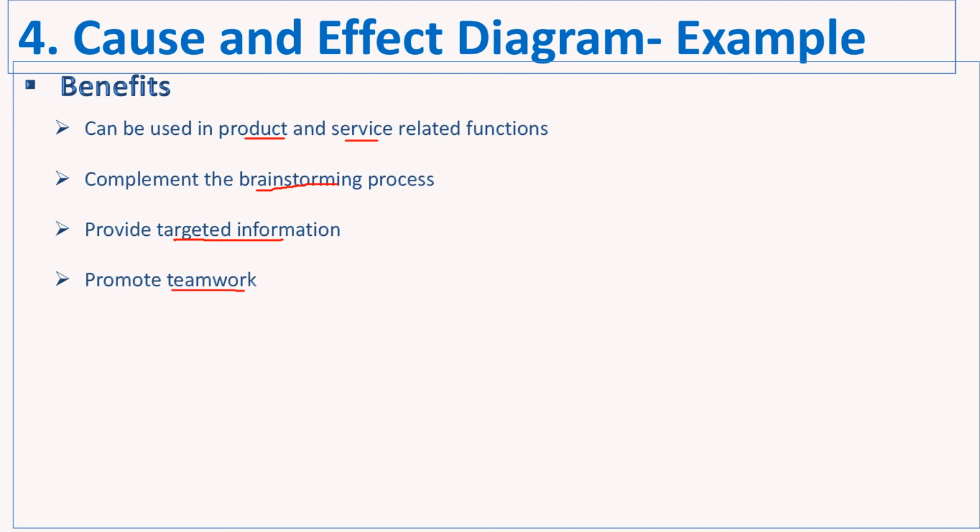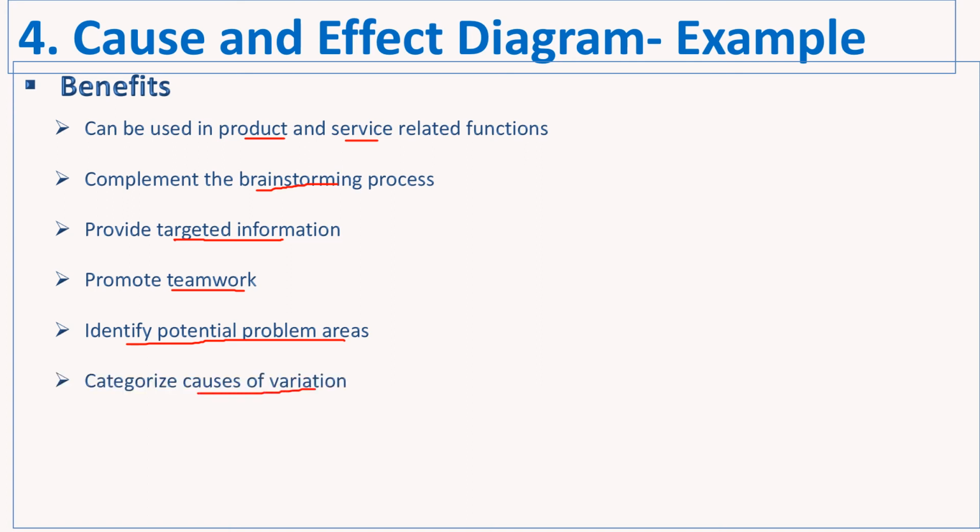As I said, in brainstorming we prepare one team and after that we do the brainstorming. It identifies potential problem areas. By using the cause and effect diagram, we find out the potential problems in these areas. Then it categorizes the causes of variation. There may be many variations, and we categorize the causes. It makes improvement easier.